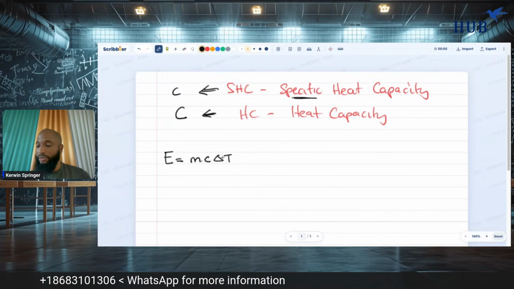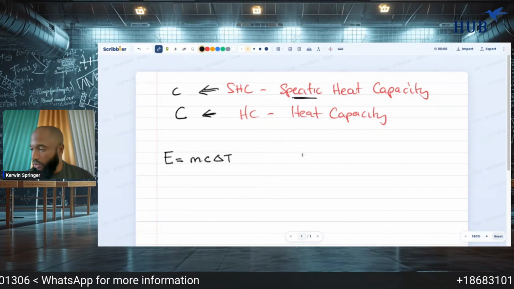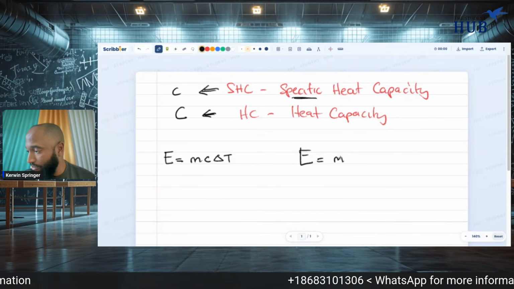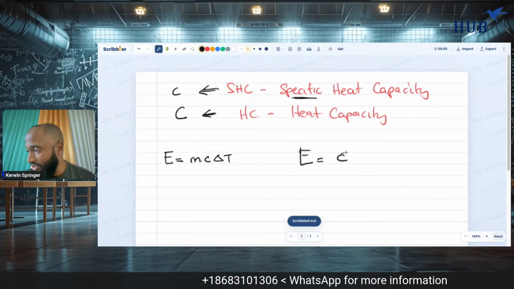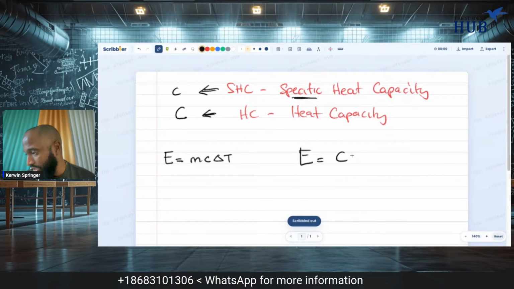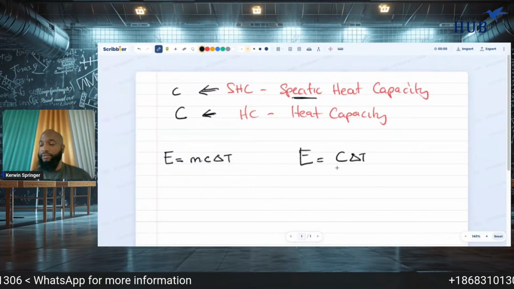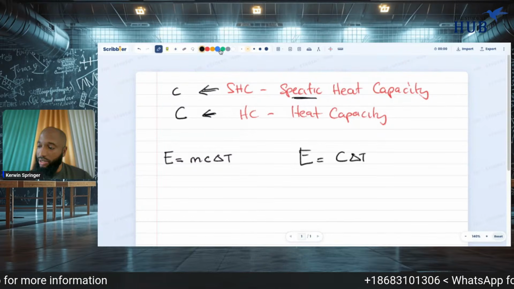The delta T means change. Or you have E is equal to, no m, capital C delta T. No m this time. Understood?